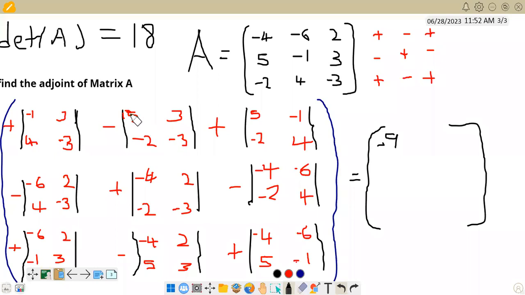Yeah, so what we are saying then kuti 5 times negative 3 is negative 15 minus negative 2 times 3, that's negative 6. Then tikapanga negative 15 minus 6, it will be negative 9.